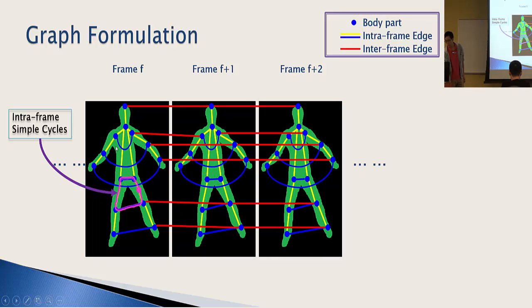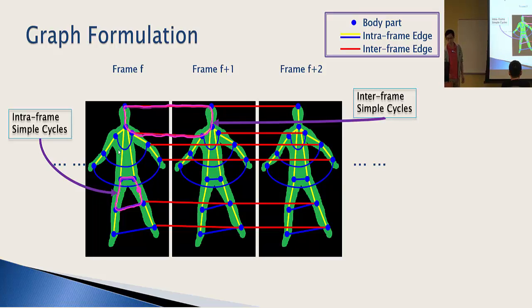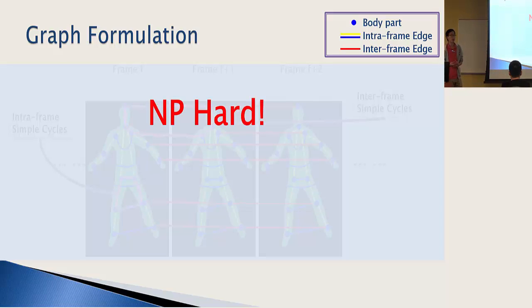And there's another type of cycle, which is called an inter-frame simple cycle, which are the cycles across different frames. If we look at this graph carefully, we will find that there are too many simple cycles. Actually, it makes this problem NP hard.